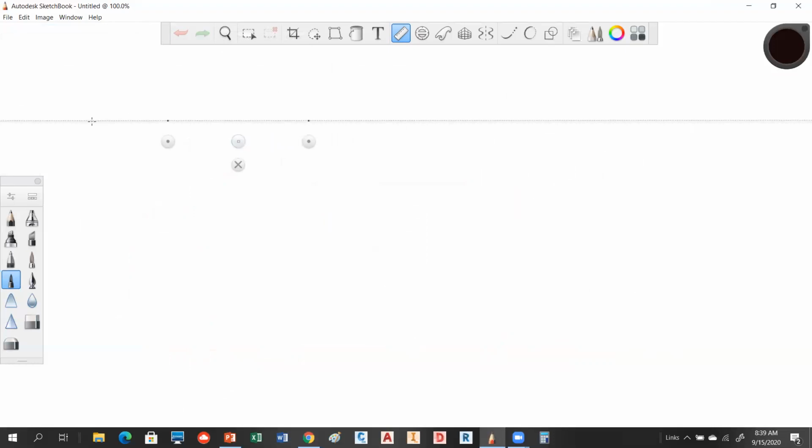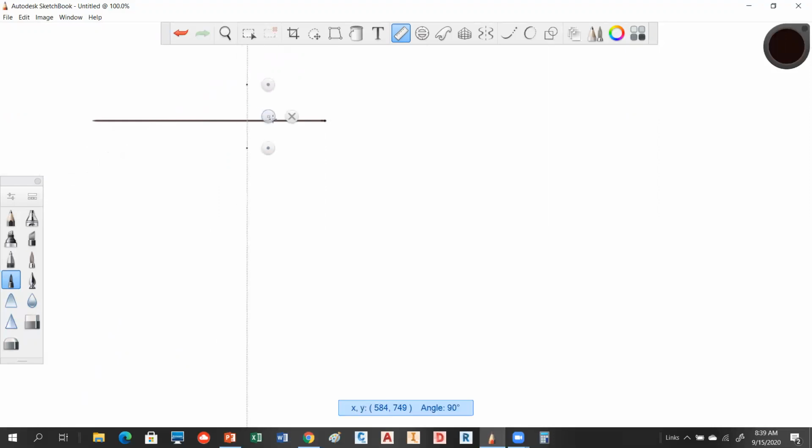So I'm going to have a bracket like this, and it's going to have a cross arm, something like this.